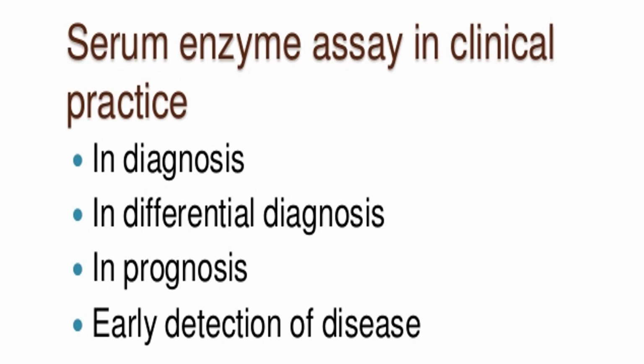So number one, the significance of these enzymes in clinical practice: they help in the diagnosis, as we have seen that in case of myocardial infarction, CKMB is increased, or in case of obstructive jaundice, alkaline phosphatase is increased. Or they help in differential diagnosis.